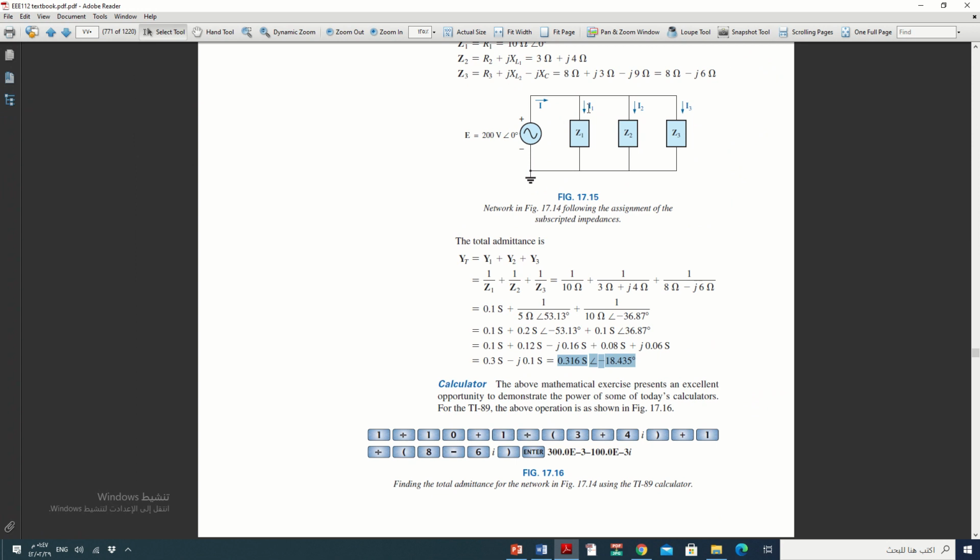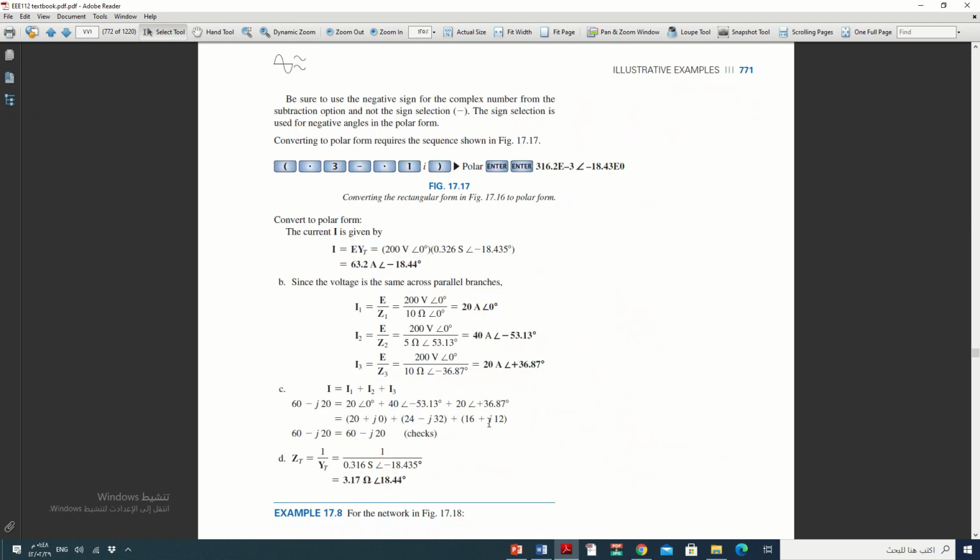How to find now I1, I2, I3? Because the voltage is equal, V1 equals V2 equals V3, we can say V1 divided by Z1 gives you I1, V2 divided by Z2 gives you I2, and V3 divided by Z3 gives you I3, as shown here.